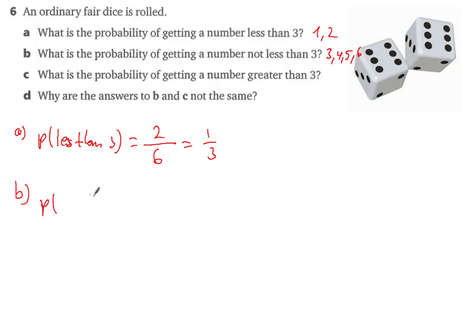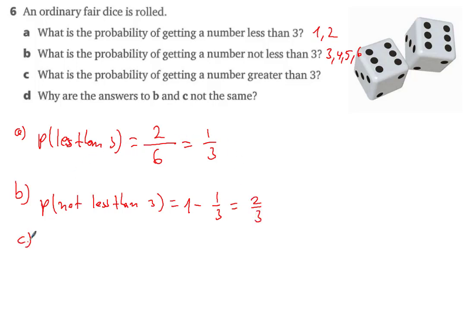Well, probability not less than 3. Actually, we can calculate it like that, 4 over 6, or we can write 1 minus probability of being less than 3, so 1 minus 1 over 3, which is 2 over 3.